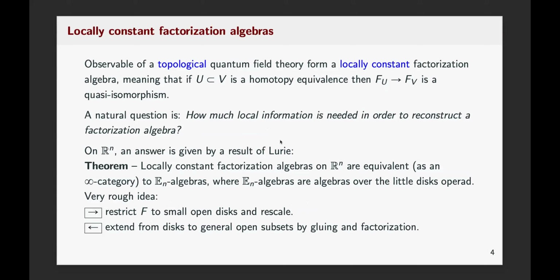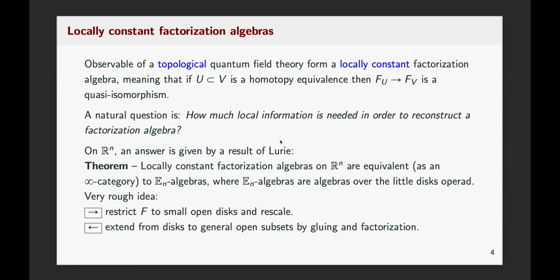Okay, and what I will be mostly interested in here is observables for topological conjugate theories. So in this case, topological invariance tells me that essentially what happens on open subsets of the same shape should be the same somehow. So the correct notion is the one of a locally constant factorization algebra here.